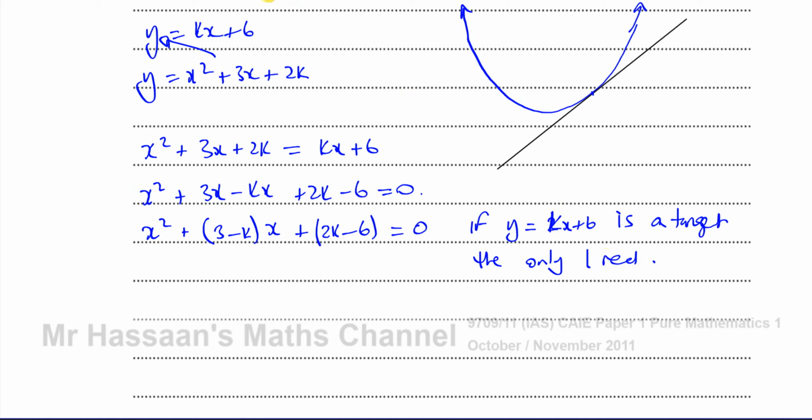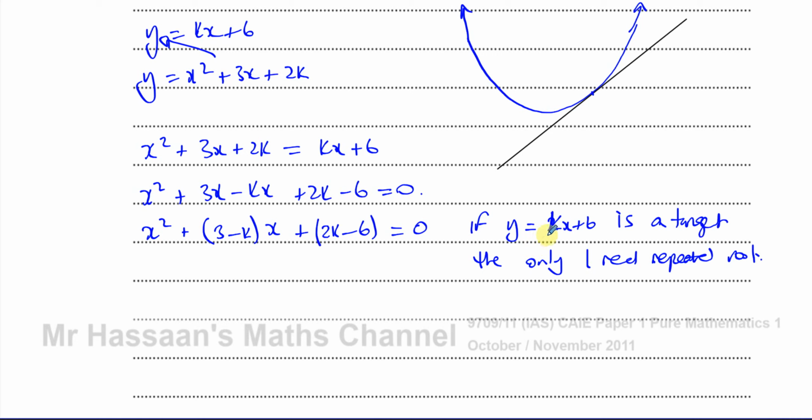There's only one real solution if y equals kx plus 6 is a tangent to this curve. The equation formed when we solve simultaneously will have one solution.